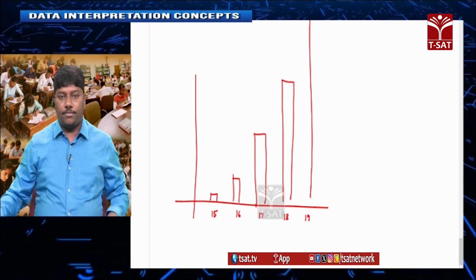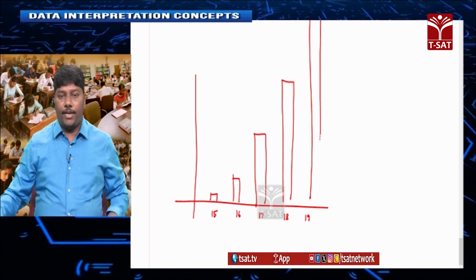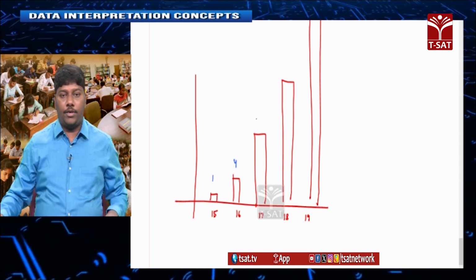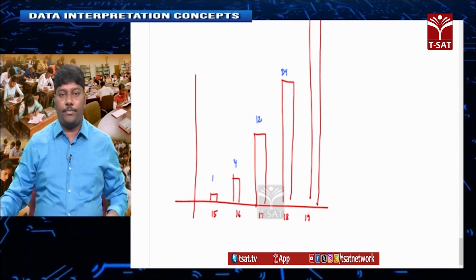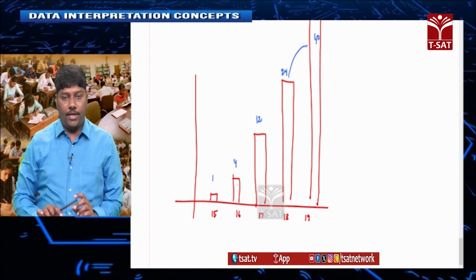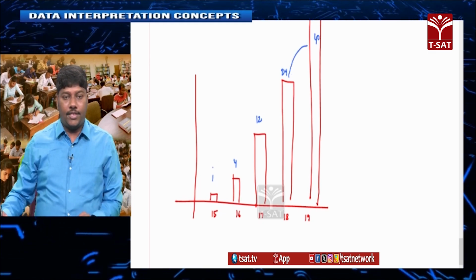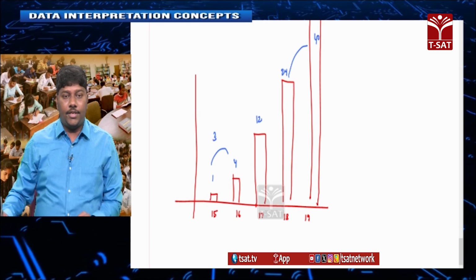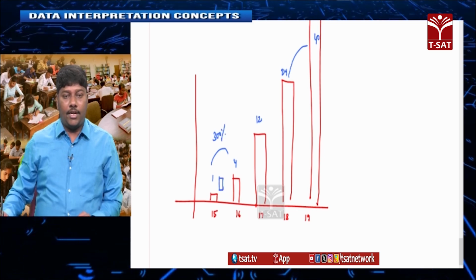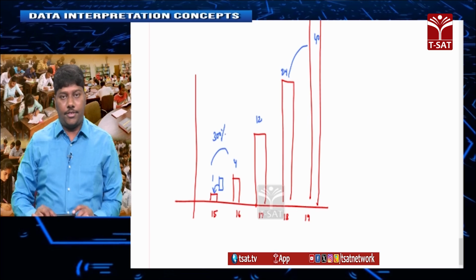This is 40,000. In terms of value, let me write the values here. It is 1, 4, 12, 24 and 40. In terms of value, if you look at it, 16,000 increased. But in terms of percentage, how much percentage increased? 300%. So how much increase doesn't matter, upon which it is increasing matters.